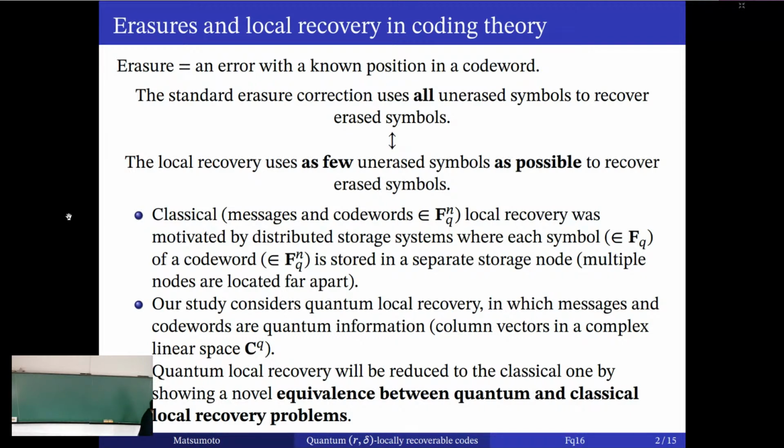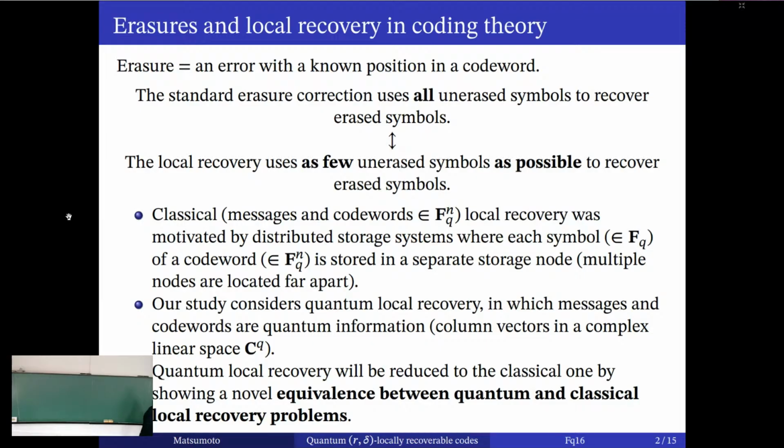Classical, which means messages and code words belonging to the vector space of a finite field, classical local recovery was motivated by distributed storage systems where each symbol of a code word is stored in a separate storage node.